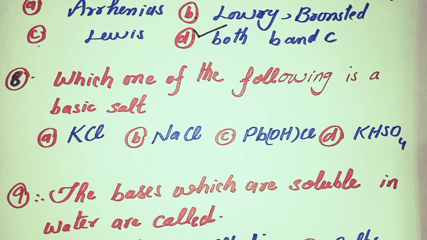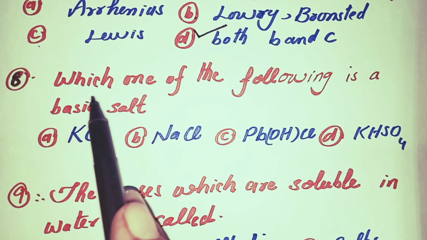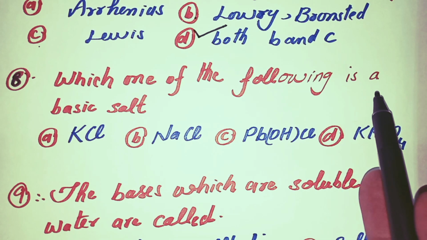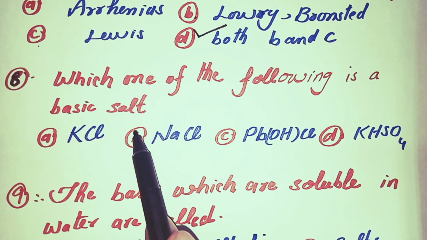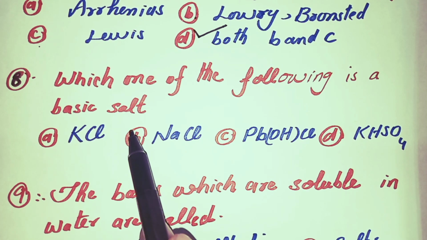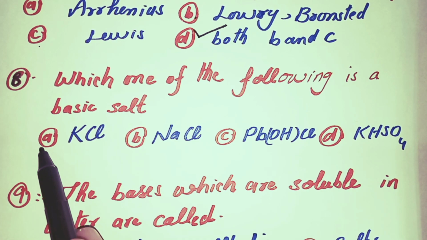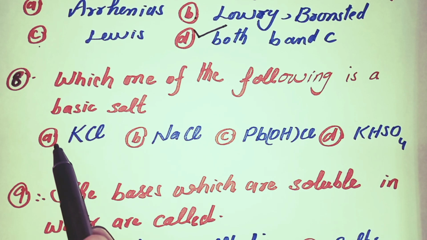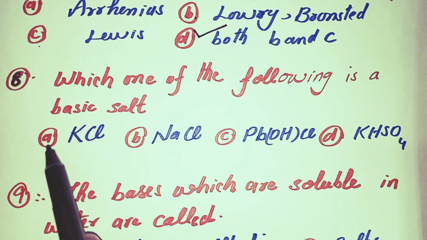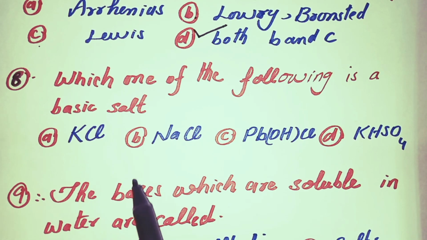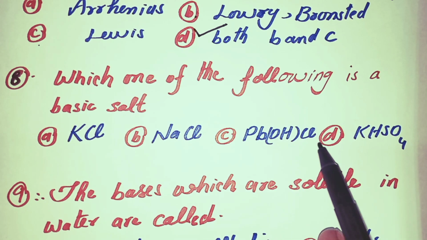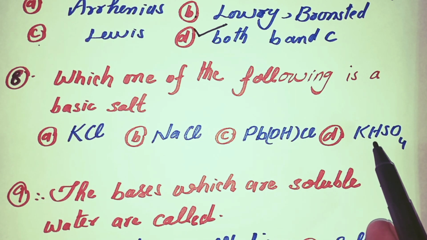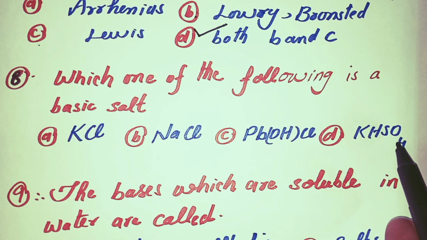Next question. Question number 8. Which one of the following is a basic salt? The simple trick to identify a basic salt is, first we tell the options. Option A, potassium chloride, option B, sodium chloride, option C, PbOHCl, and option D, potassium bisulfate.